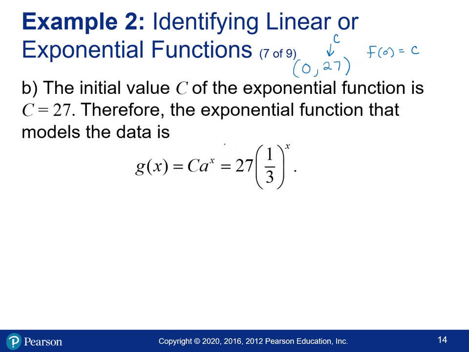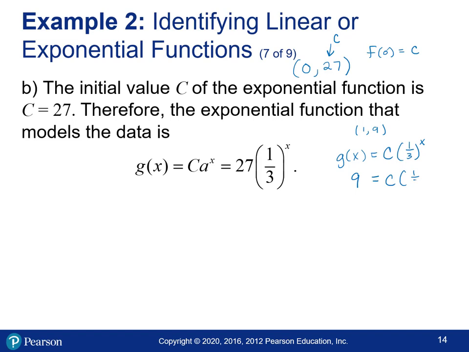Otherwise, you could solve for this. Like, let's just say you didn't recognize that that was going to be c. If you pick a point from your table, like we had the point 1, 9, you can find out this value of 27 that way. We know that the base was 1/3, so we know right away that our function was some constant times 1/3 to the x. And using any point from your table, you know that the output is the y value and the input is the x value.